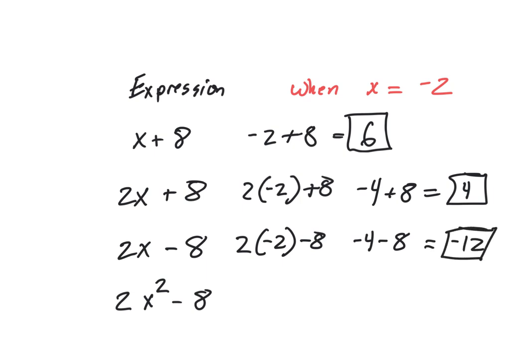And then the last one there, we now have 2 times -2 squared, just replacing the -2 down into my equation here for the x. So now I have -2 squared times 2 minus 8.